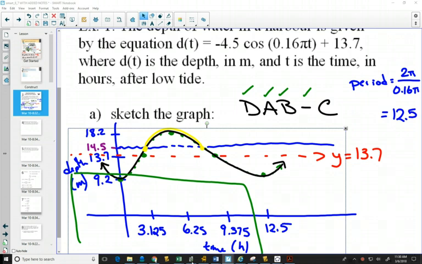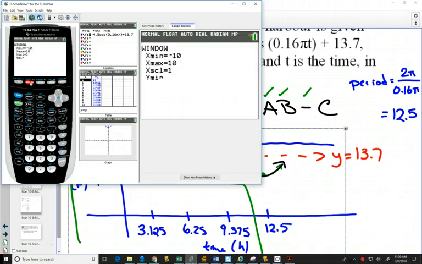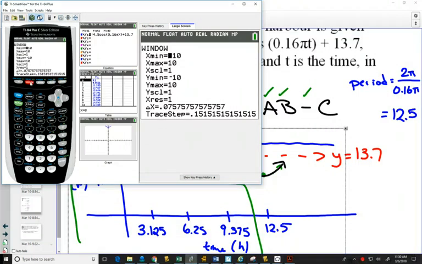So when I go to my graphing calculator and I go to window, I can say I'm really interested in looking at from 0 to 12.5. So I'm going to do a little bit more than that so I can for sure see my y-axis. I'm going to start at -3 and I'll go up to 15. So a little bit more on either side, because that will show me between 0 and 12.5.